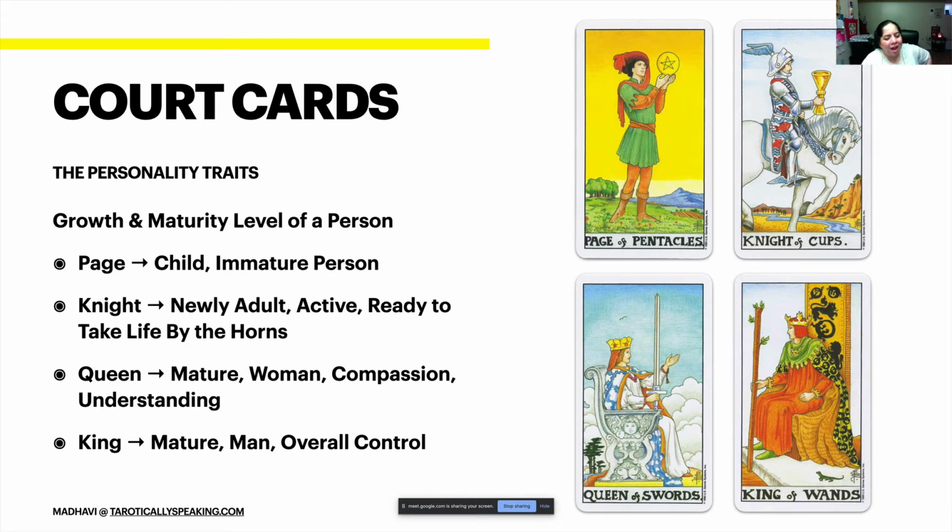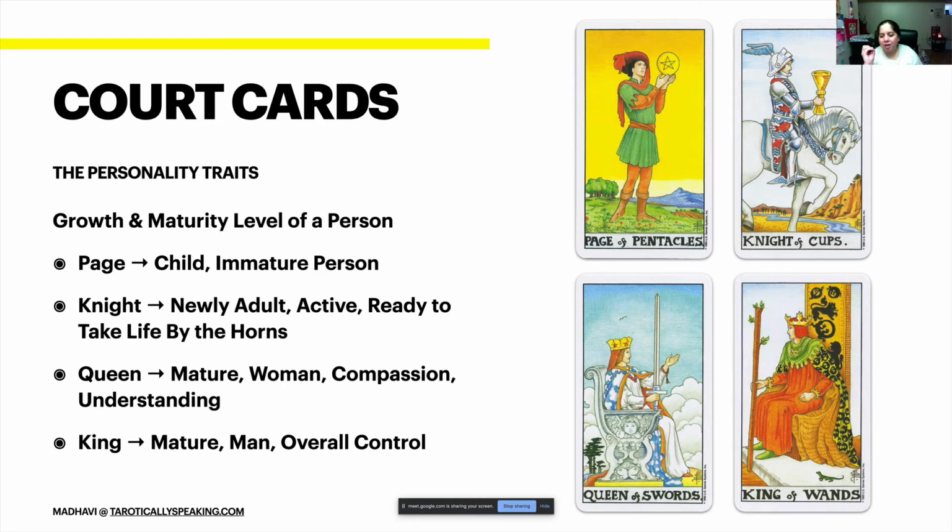Then, of course, we have the next stage, which is the queen. She is a little bit more mature than the knight. Now, I usually don't go into the gender role thing, because it's very lopsided in a way. You've got three guys and one lady. But it can very specifically depict a woman, and again, listen to your intuition here.